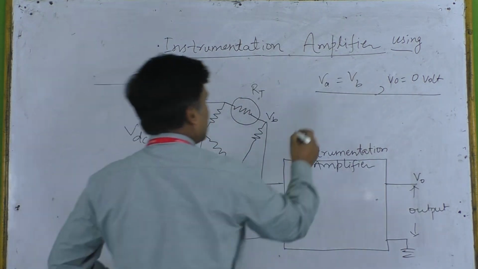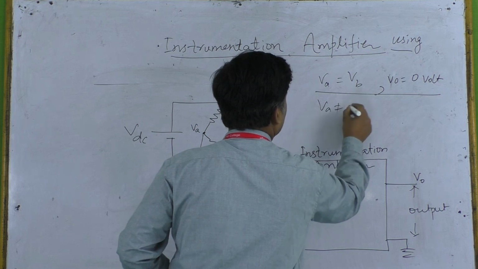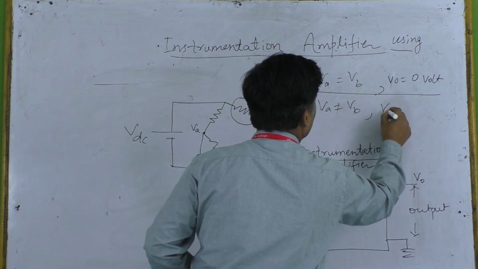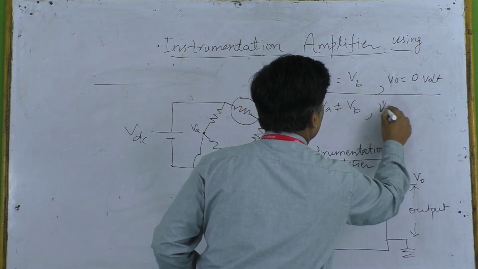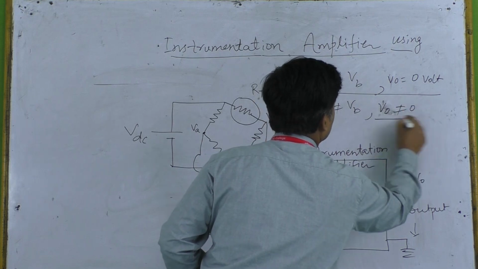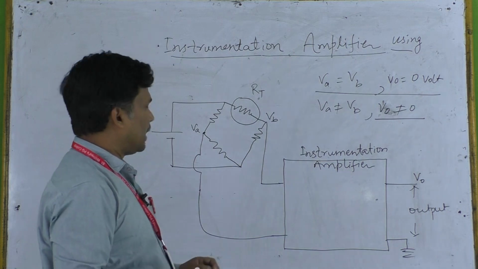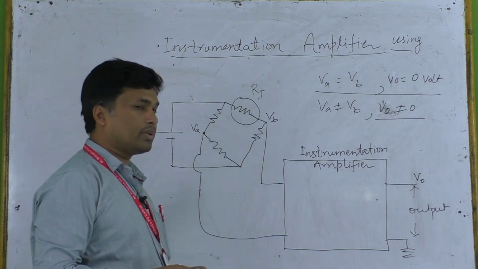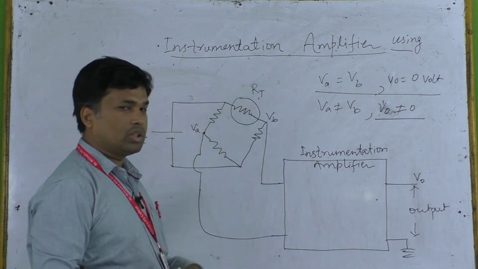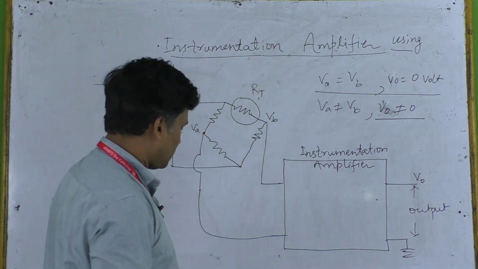But whenever VA is not equal to VB, the Vout will not be equal to 0. That means you will have some voltage over there, corresponding to the voltage difference created due to change in this particular resistance.